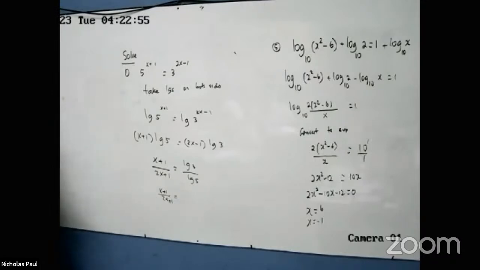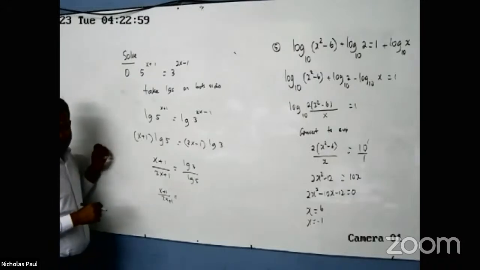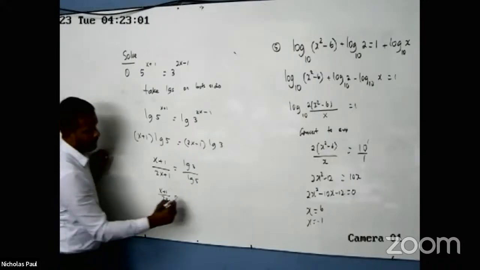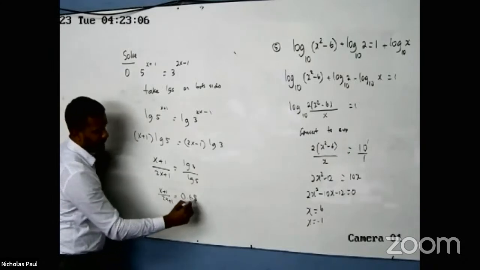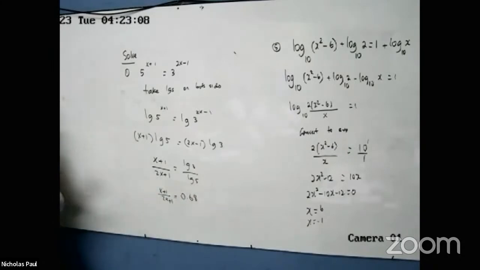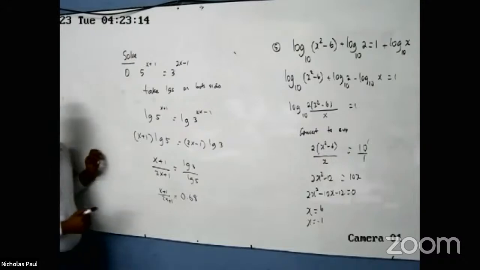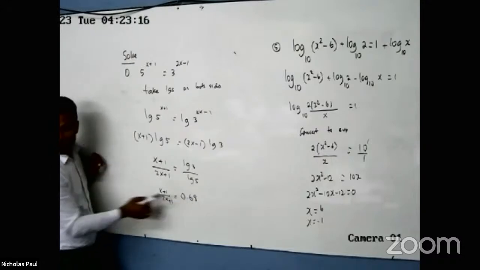On the calculator, press log. 0.68, right? That's what the calculator is for. So you get 0.68.